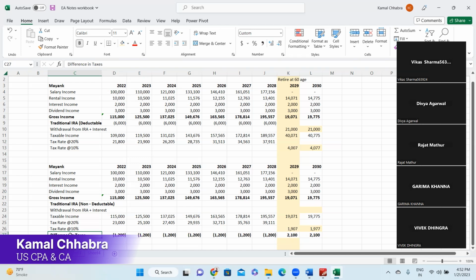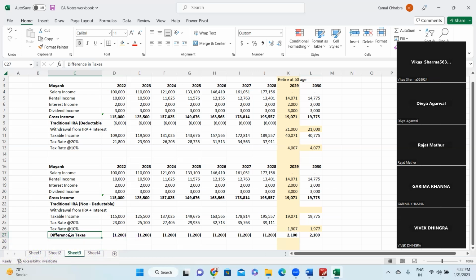Okay, cool. And now coming to the Roth IRA. Roth IRA is always a non-deductible IRA. That means as and when you make the contribution, you'll be paying taxes, so every year you are paying taxes.